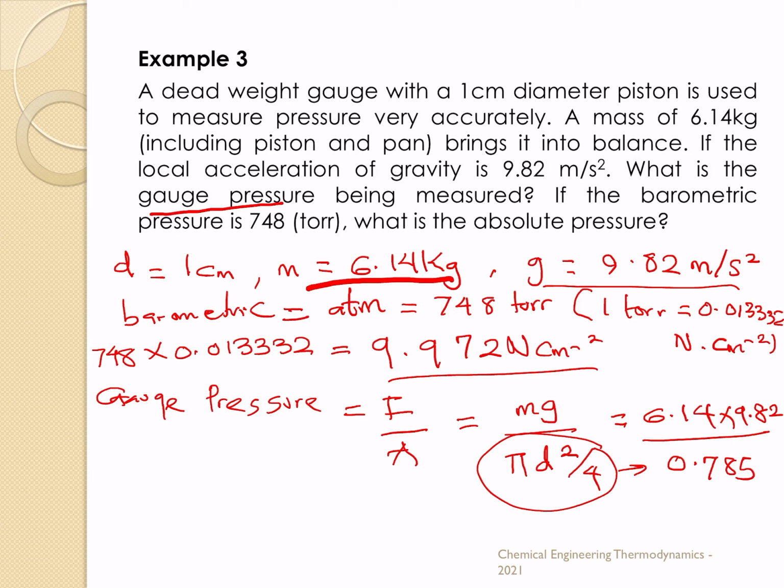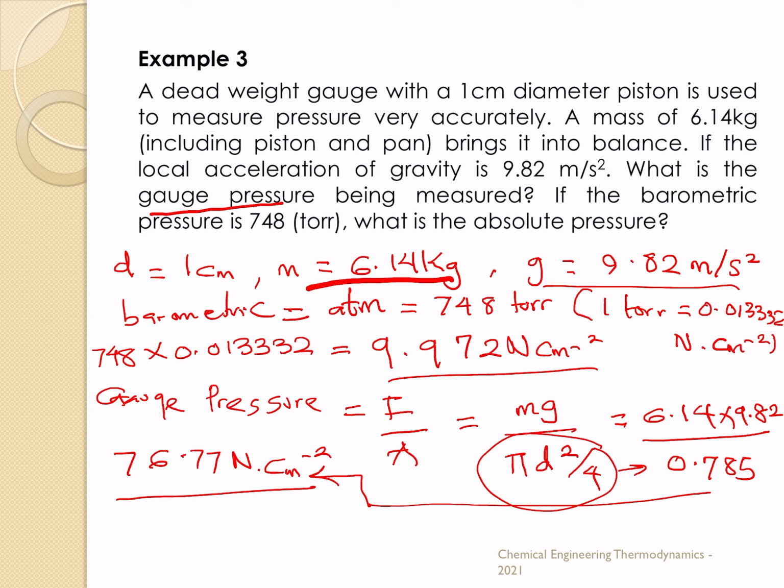If I divide that by 0.785, the gauge pressure gives us 76.77 Newton per centimeter squared.